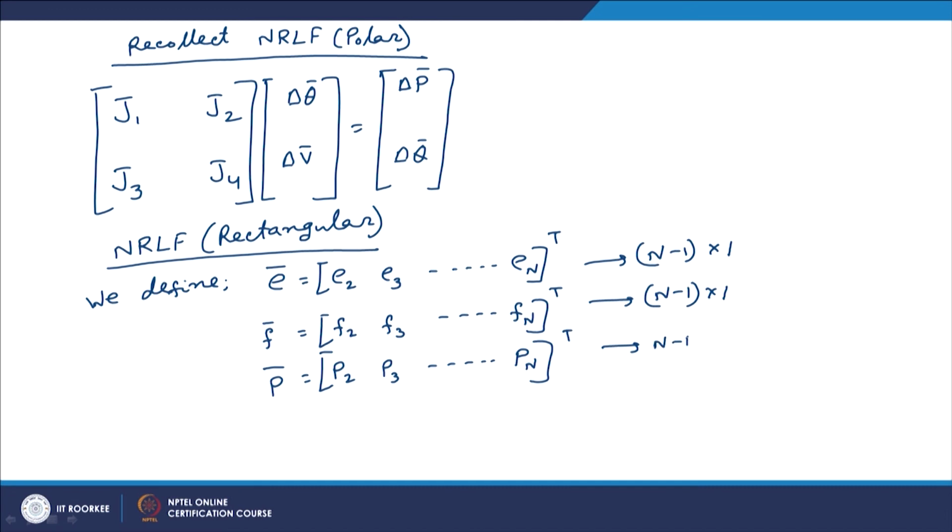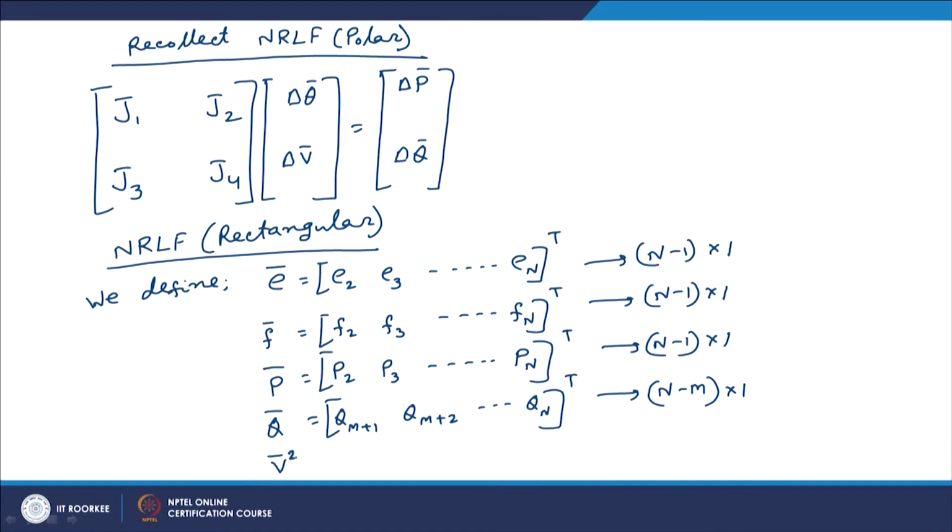So, this is n minus 1 cross 1. Vector Q as Qm plus 1, Qm plus 2, up to Qn transpose, this is n minus m cross 1. And then we also define something called vector V square, which is nothing but the vector V2 square, V3 square, up to Vm square transpose.